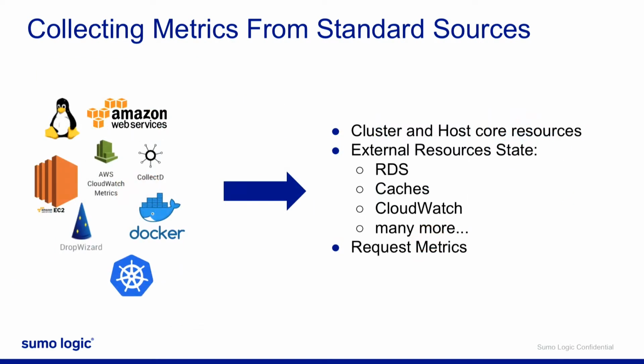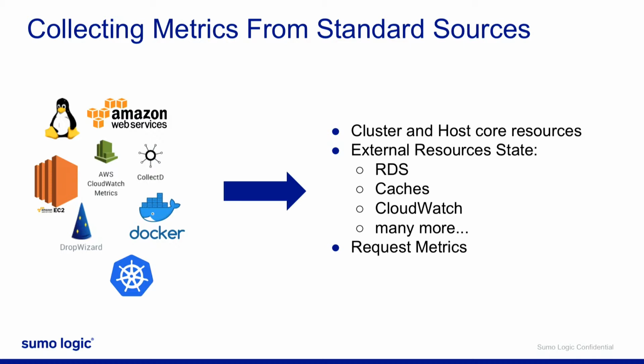So in terms of the standard resources that we just plug in through the standard collection types, we definitely want to measure all the cluster hosts and host core resources like CPU utilization, memory, disk usage, network, all of the golden signals that Brian mentioned earlier as well.